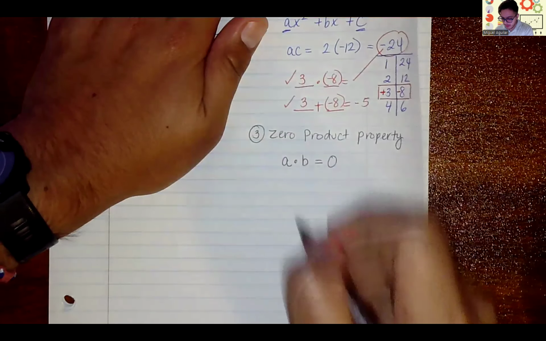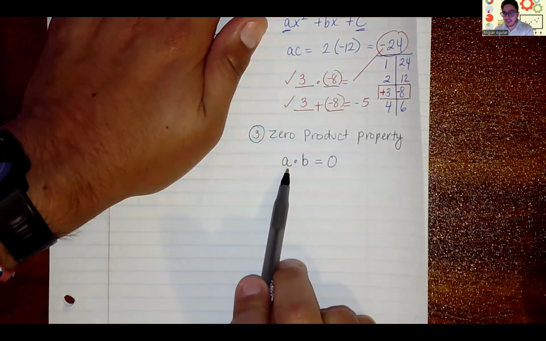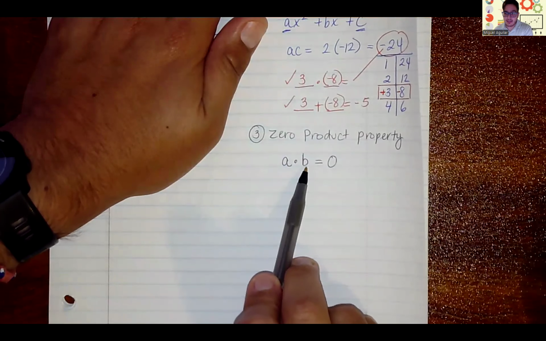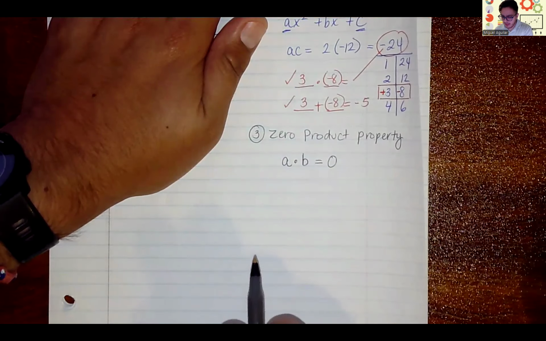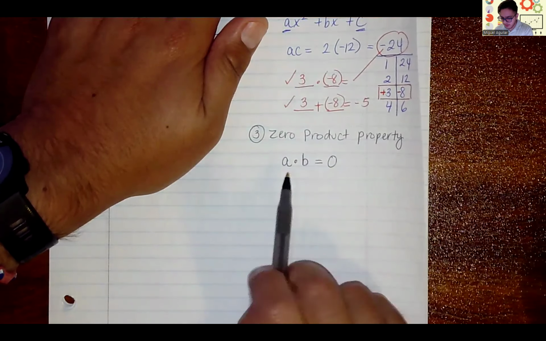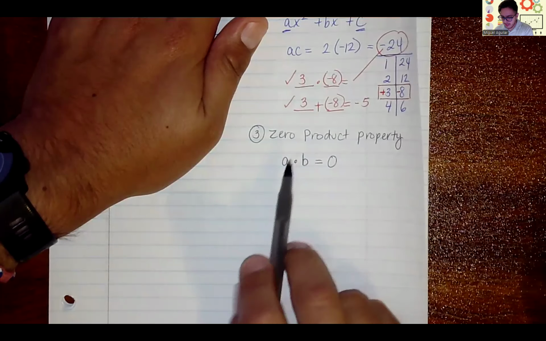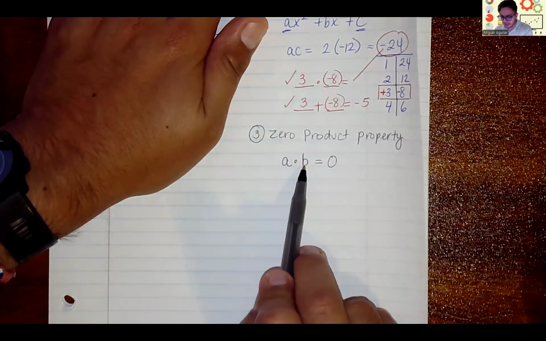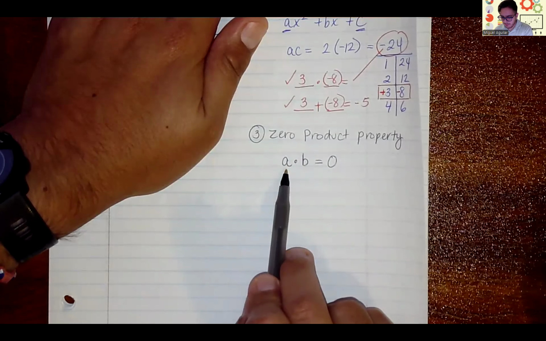Think about this for a moment. Let's say that I don't know what A is, but B could be anything. I multiply these two numbers and I get 0. What is a possible value for A? Okay, just think about that. Something times something else, and I get 0. What's a possible value?